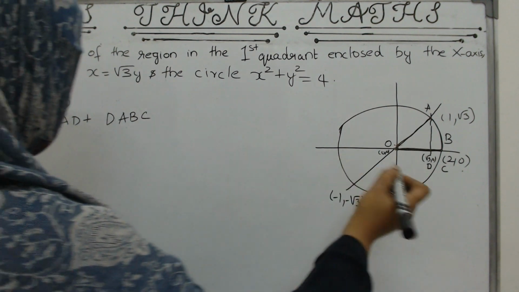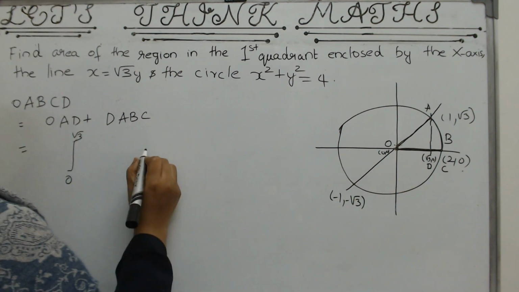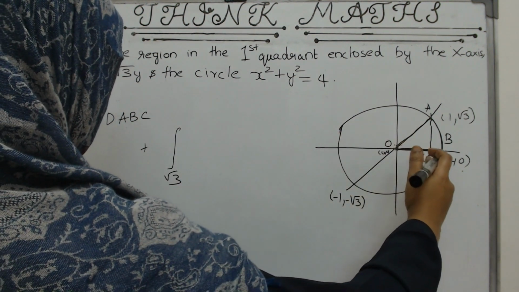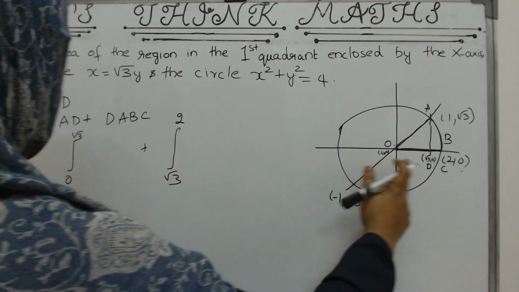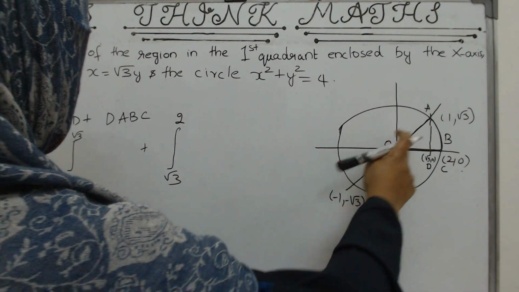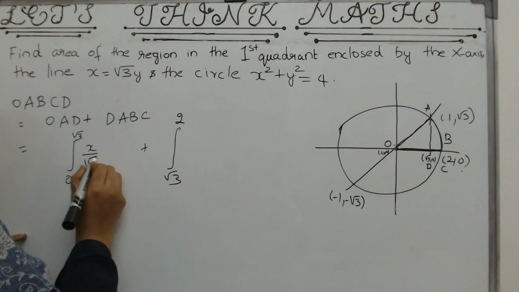So for the first area, you will integrate from 0 to the point of intersection. The second one, you will integrate it from root 3 to 2. For the first set, from 0 to root 3, what will give you your y? Your y is given by the line, which is x by root 3.